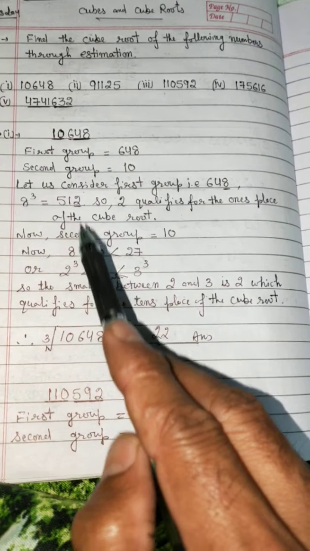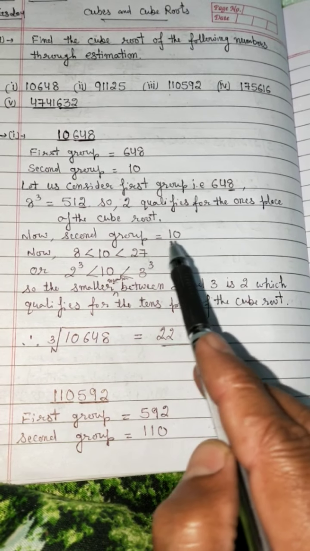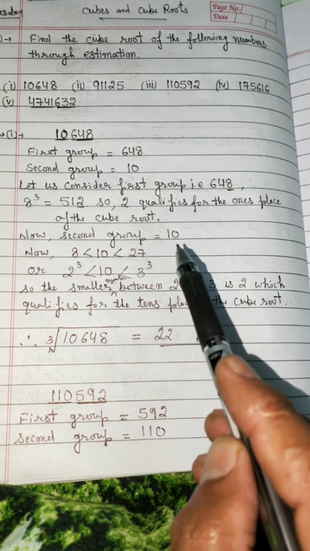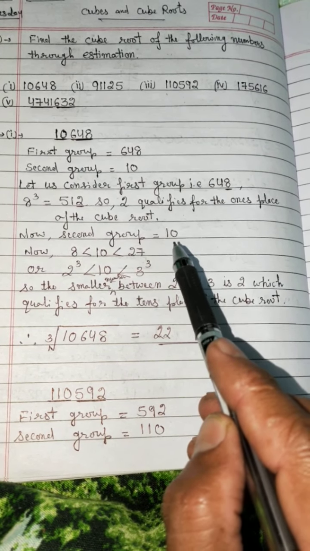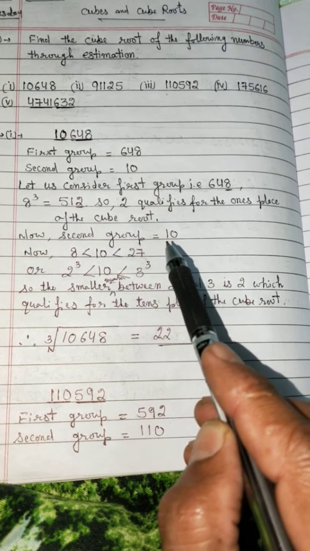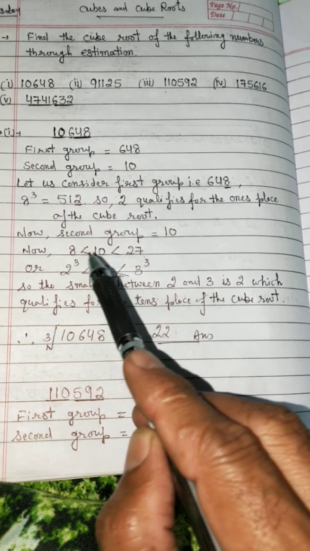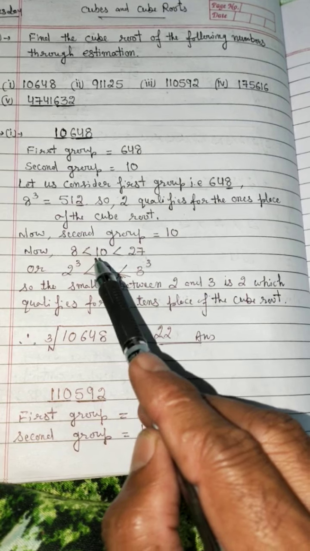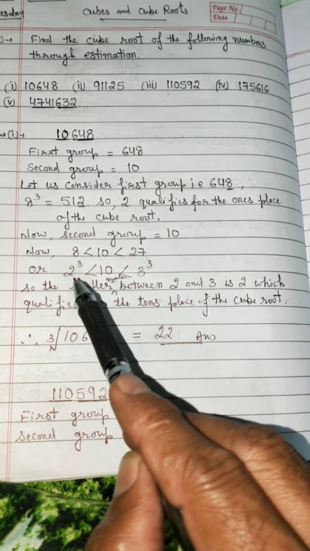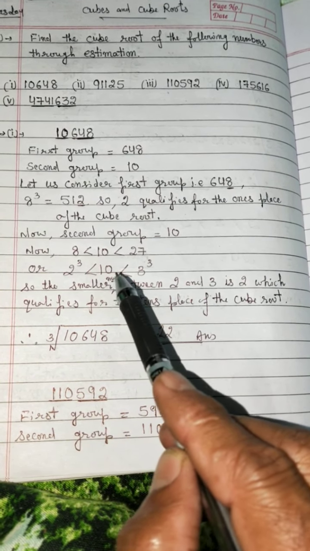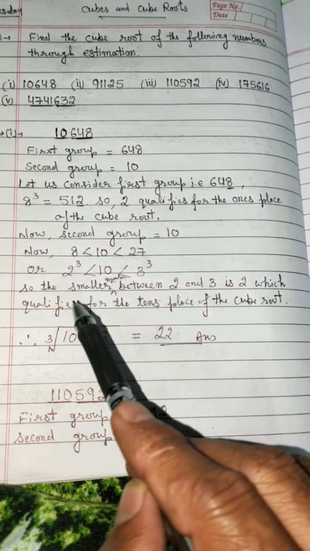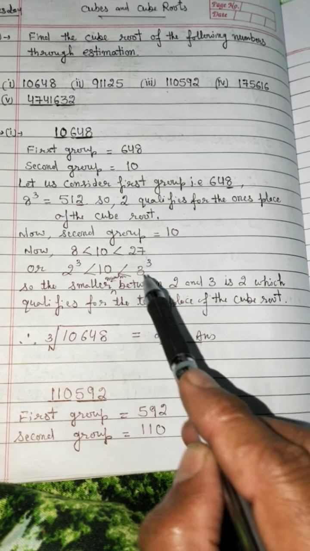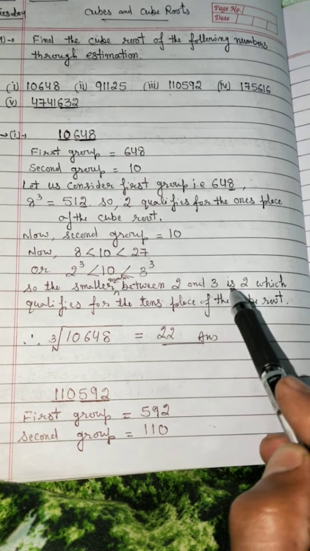Now go for the second group, that is 10. Choose two perfect cubes, one smaller than 10 and the other greater than 10. The smaller perfect cube is 8 and the greater is 27. Now 8 is less than 10 is less than 27, or 2 cubed is less than 10 is less than 3 cubed.